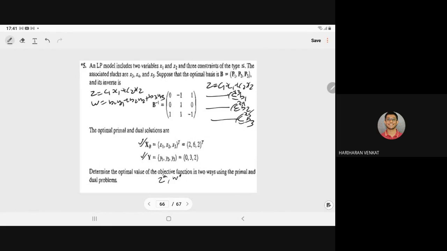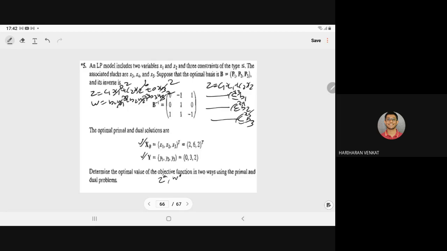And x1, x2, x3 is given to you as 2, 6, 2. And here y1, y2, y3 are given to you as 0, 3, 2.